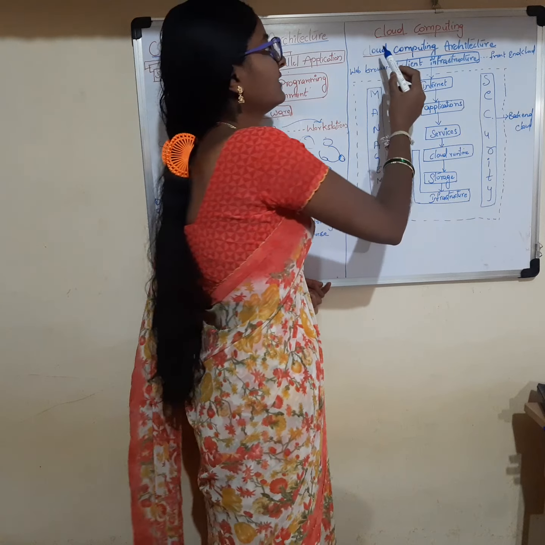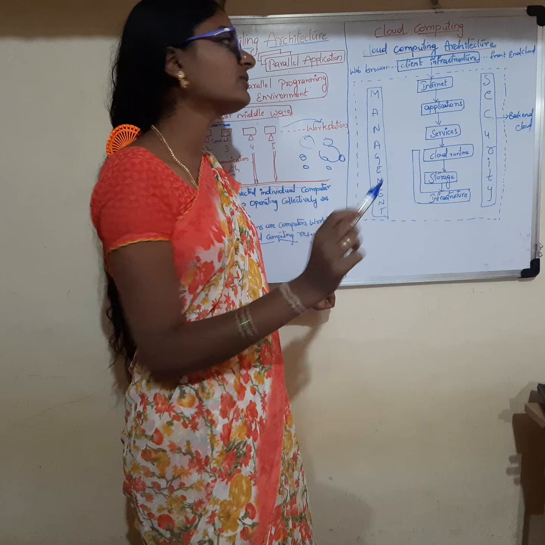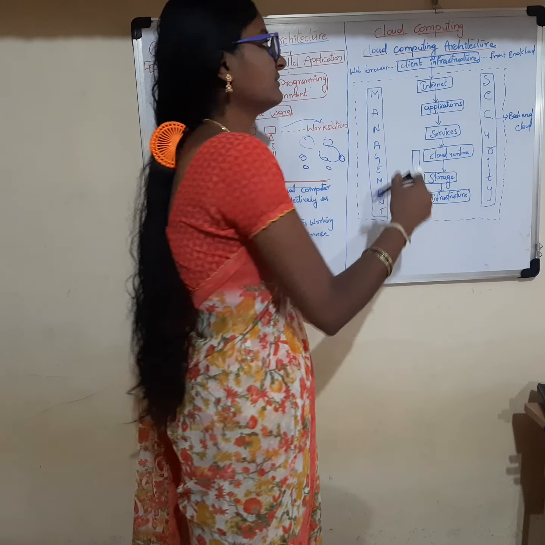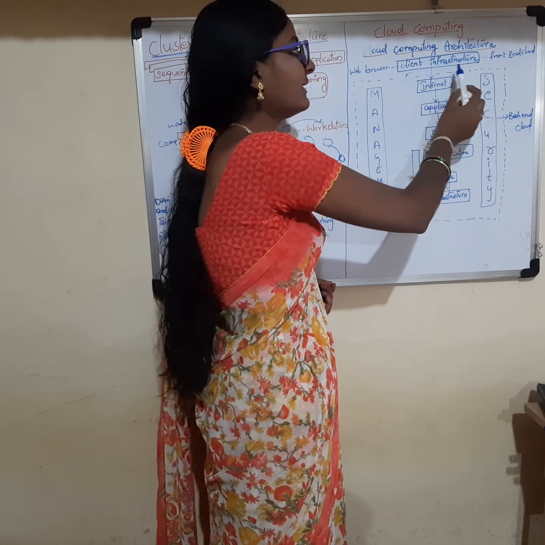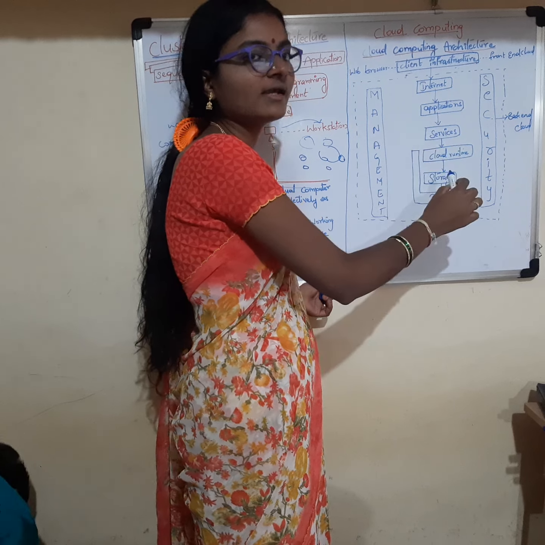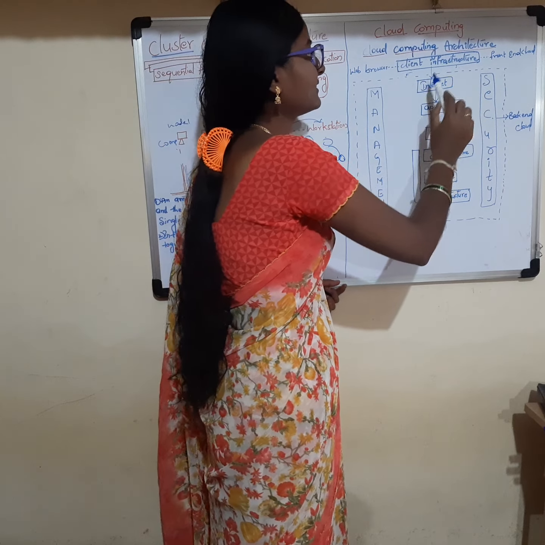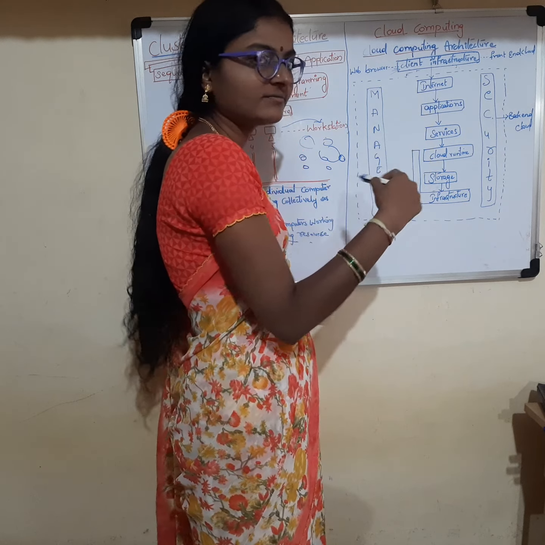Now we will see cloud computing architecture. In the exam, you need to draw this architecture and write point-wise. Next, the client. The first step is client infrastructure. These are all resources to solve a problem in cloud computing. Client infrastructure: clients are nothing but we.